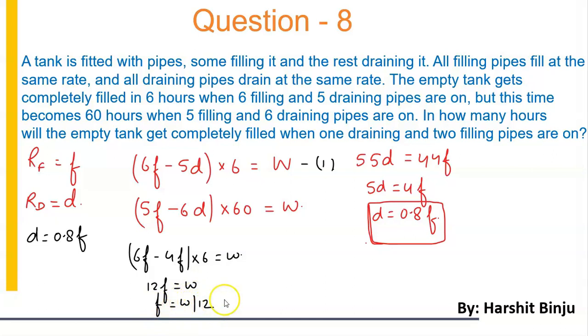Or in short, I can say that D is equal to 8 by 10 into W by 12. So D is equal to 2W by 15, simply W by 15.